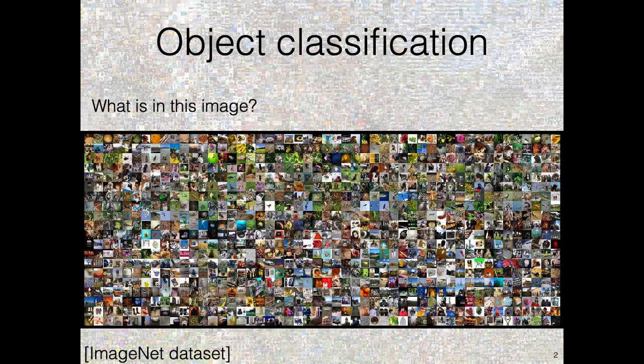So DNNs have really taken off in object classification, which is mainly the task of answering what is in a particular image, or what object is in there. What you see here are some examples of the ImageNet dataset.